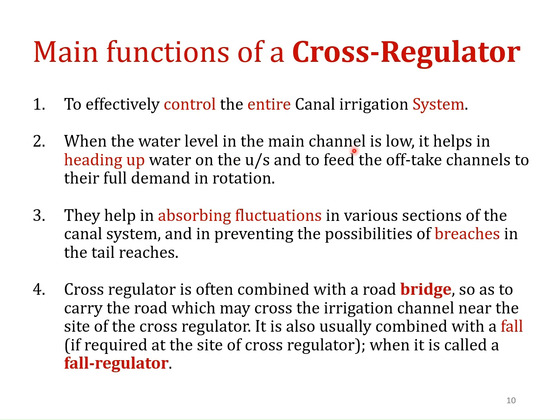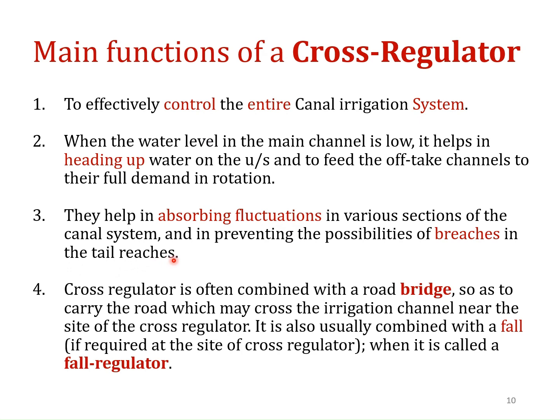When the water level in the main channel is low, this is what we talked about before, it is used for heading up the water. You close the gates, head up the water, and then release it into the off-taking channel. They help in absorbing fluctuations in various sections of the canal system and in preventing the possibility of breaches in the tail reaches.